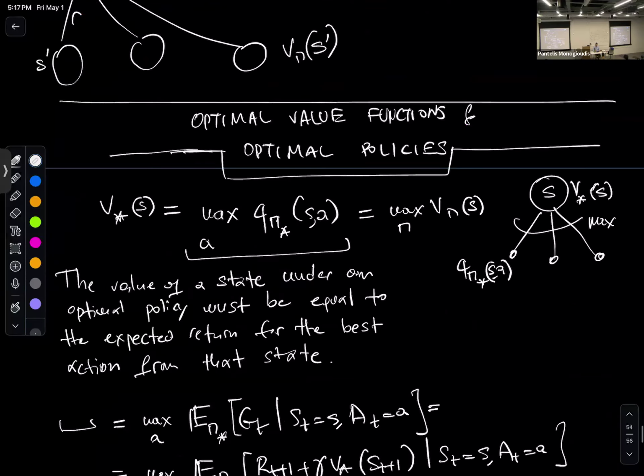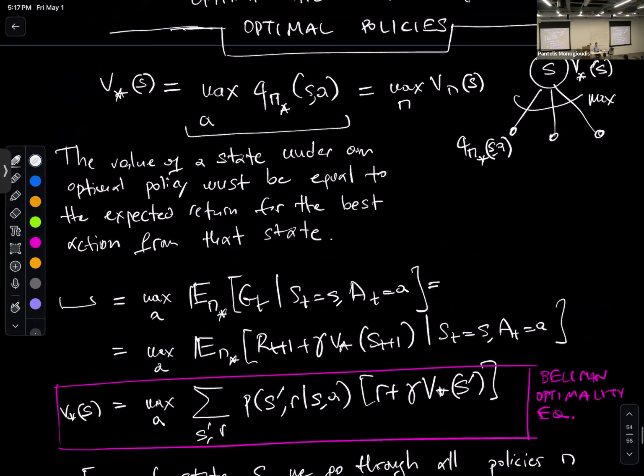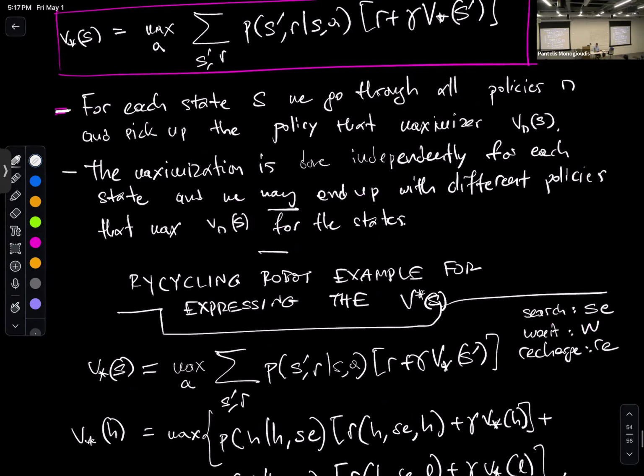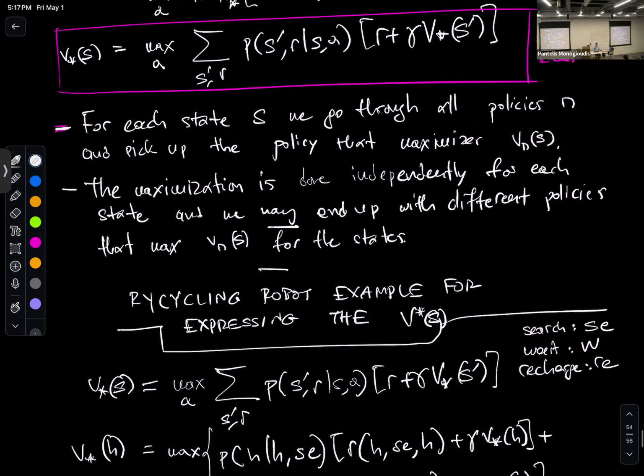These iterative schemes were based on the two Bellman optimality equations, the V star equation and the Q star equation. Two equations were there, and we went through a robotic example just from the V star perspective, which was easier.